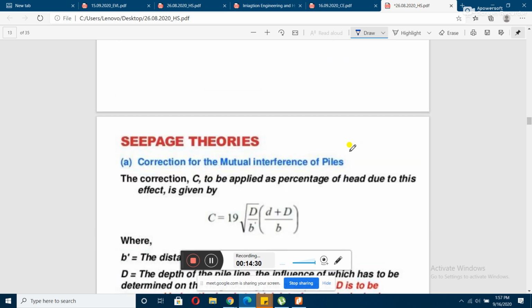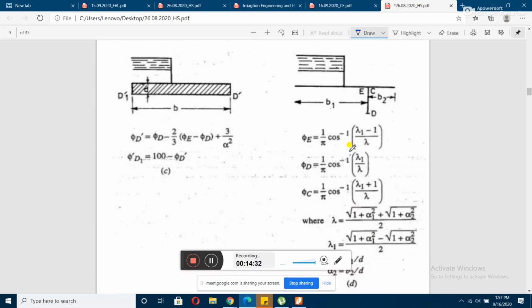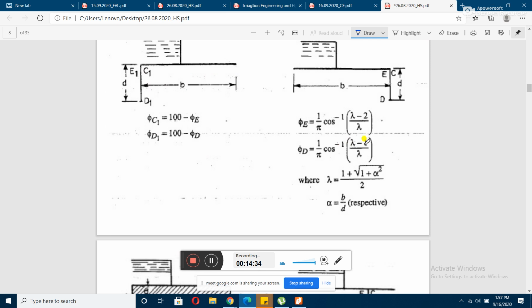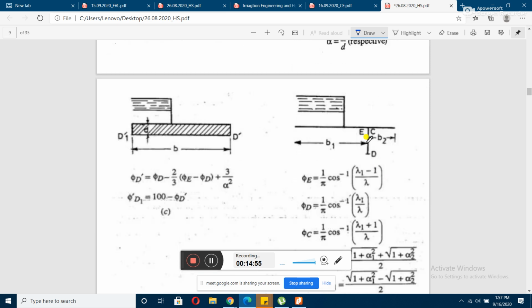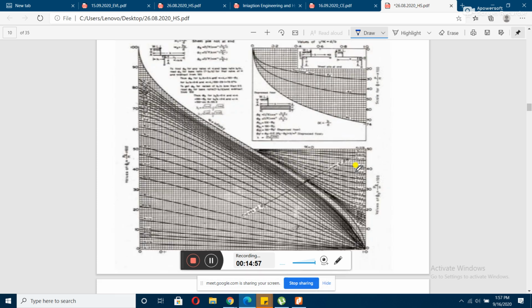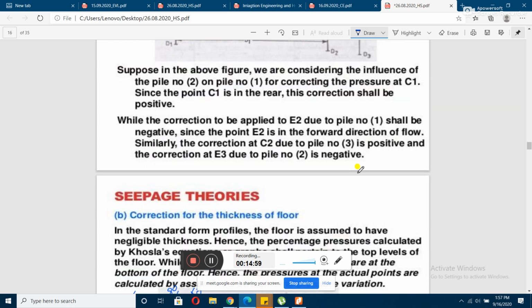If you don't use the graph and use the formula, lambda is equal to (1 plus root over 1 plus alpha square) by 2, where alpha is b by d. b is the distance between the outermost piles, that is, the distance between your upstream pile and the downstream pile, and d is the depth of the pile, okay. So these have been calculated already.